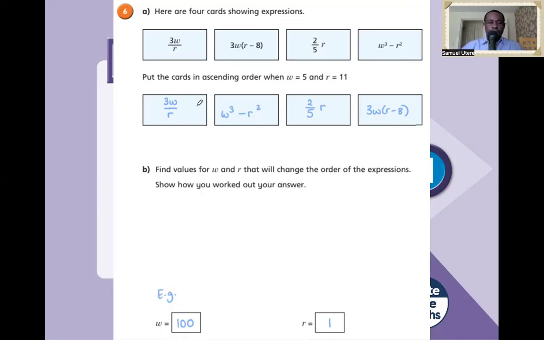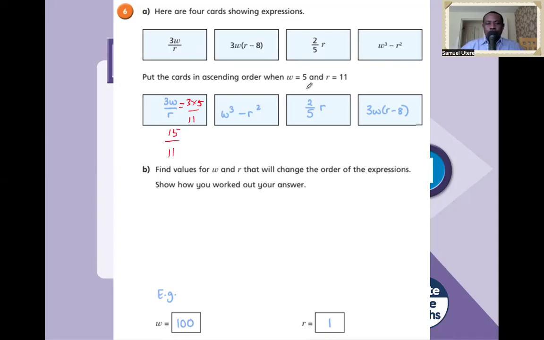So for example, if you look at this, we're told that U is 5, W is 5, and R is 11. So this will be 3 times 5. Okay, W is 5 divided by 11. So this is 15 over 11.